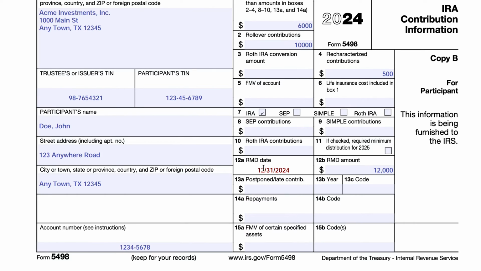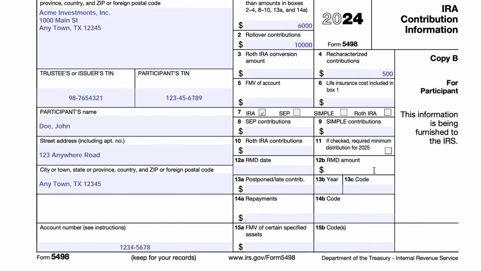So in this case, if you had an RMD for the 2024 tax year, the date and the amount would be reported on your 2023 Form 5498, or else it would have been reported to you by January of the 2024 tax year.